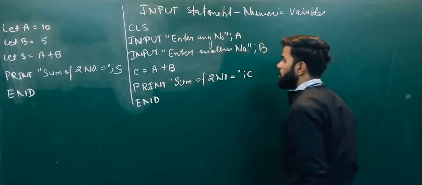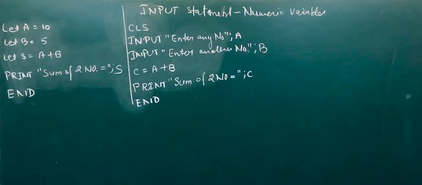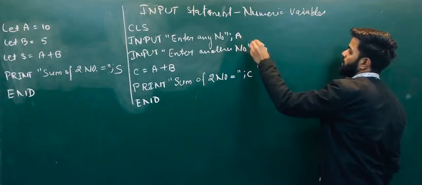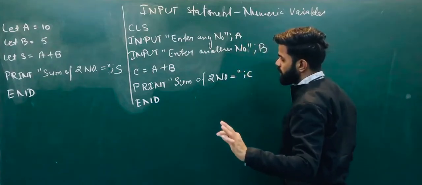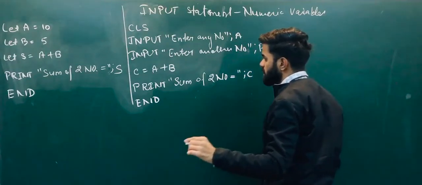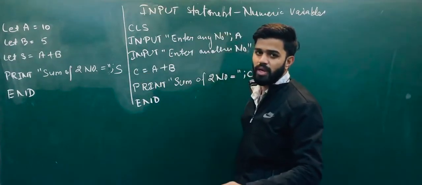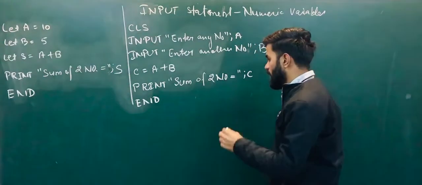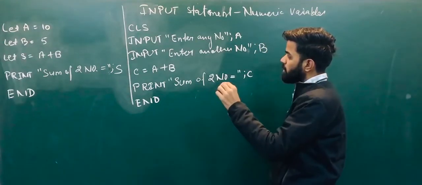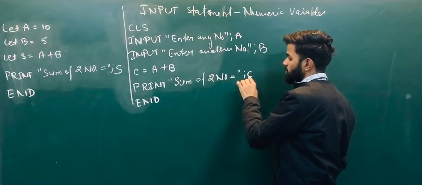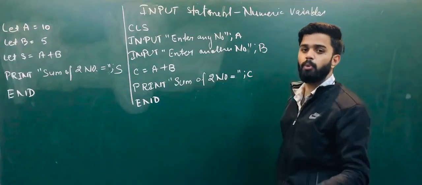So now what we see, there is a variable a where we store any number, and a variable b where we store another number. Two variables, a and b, store two different numbers, not predefined numbers. In variable c we add both numbers, and we can print the sum of both numbers with variable c with an appropriate message.